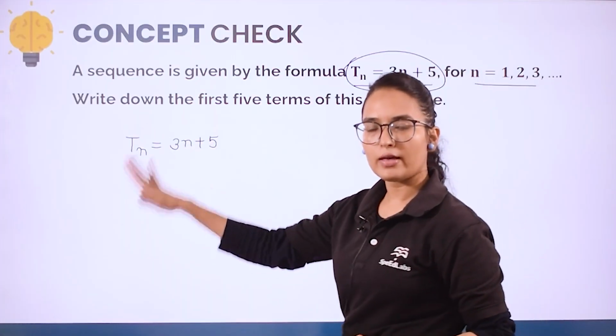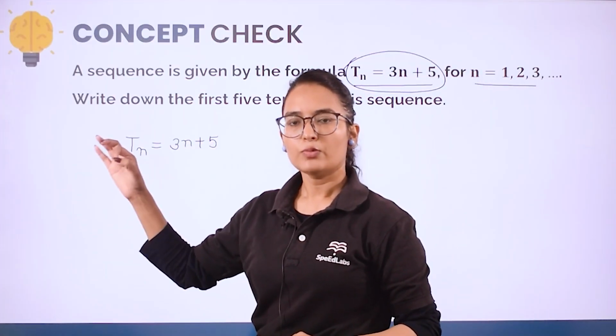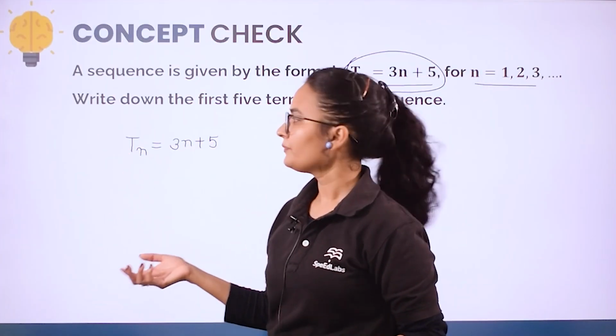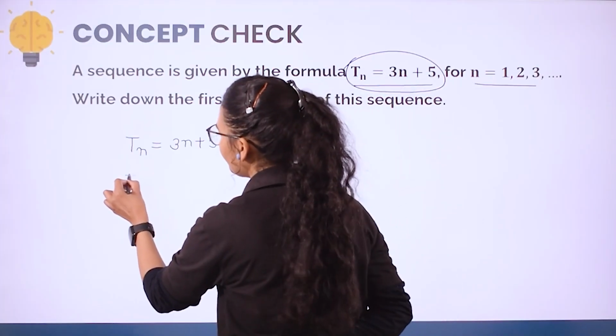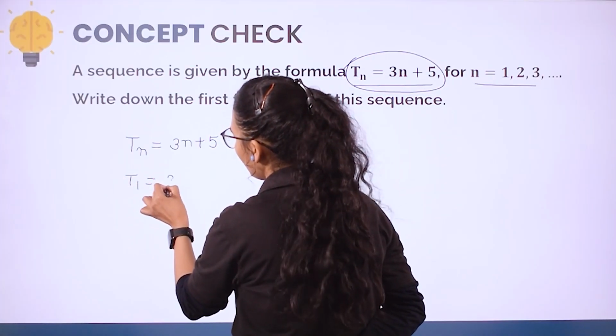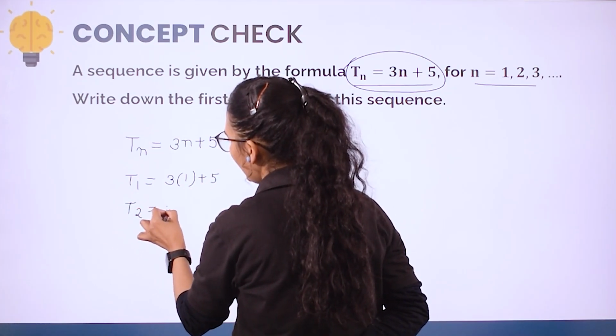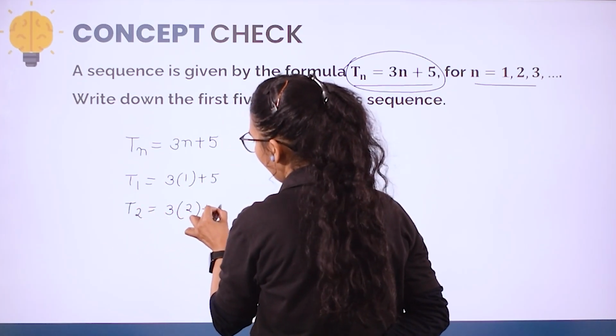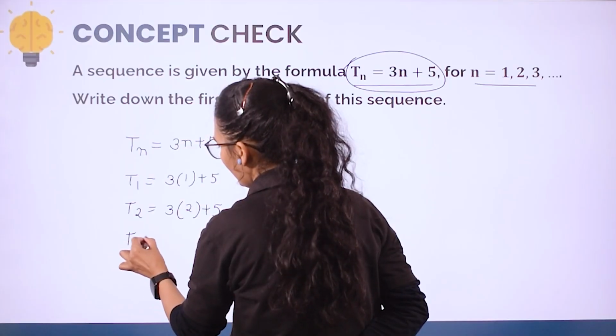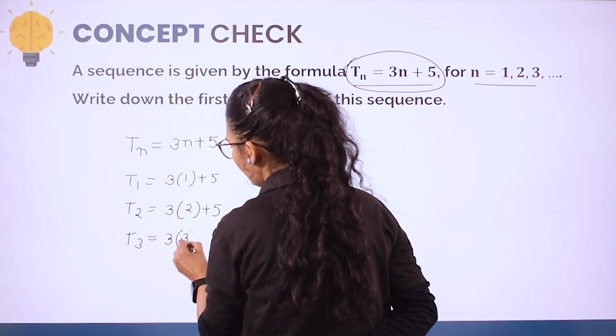We have to vary the value of n from 1 to 5 and find the first 5 terms. For n equals 1, T1 is 3 into 1 plus 5. T2 is 3 into 2 plus 5, T3 is 3 into 3 plus 5.